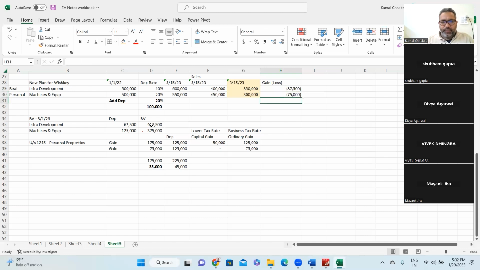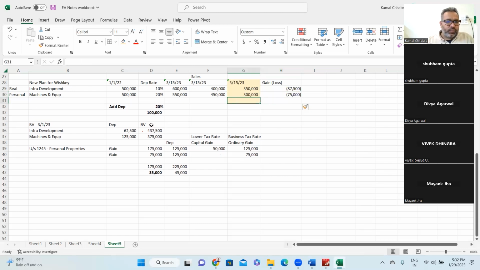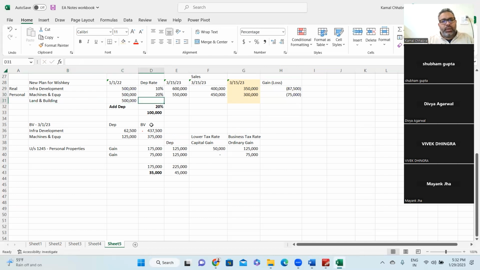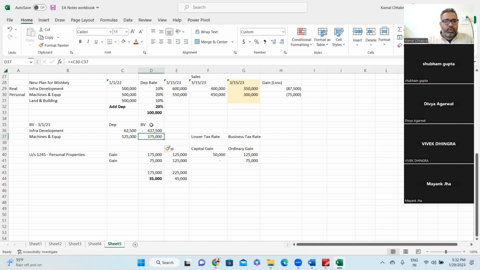Let's assume you have one more asset, which is land and building. So land and building also, let's assume you have $500,000, right? And that you have, let's say, a 10% depreciation rate, right?